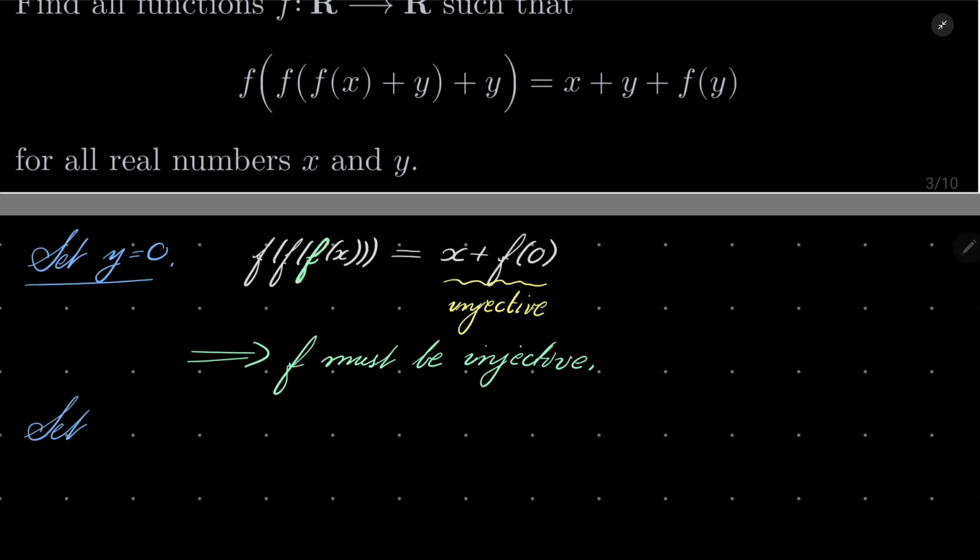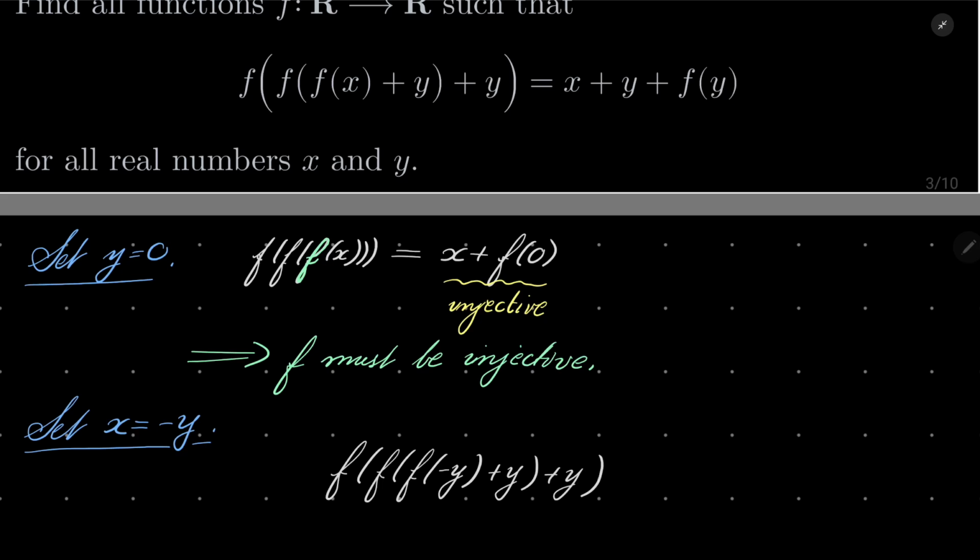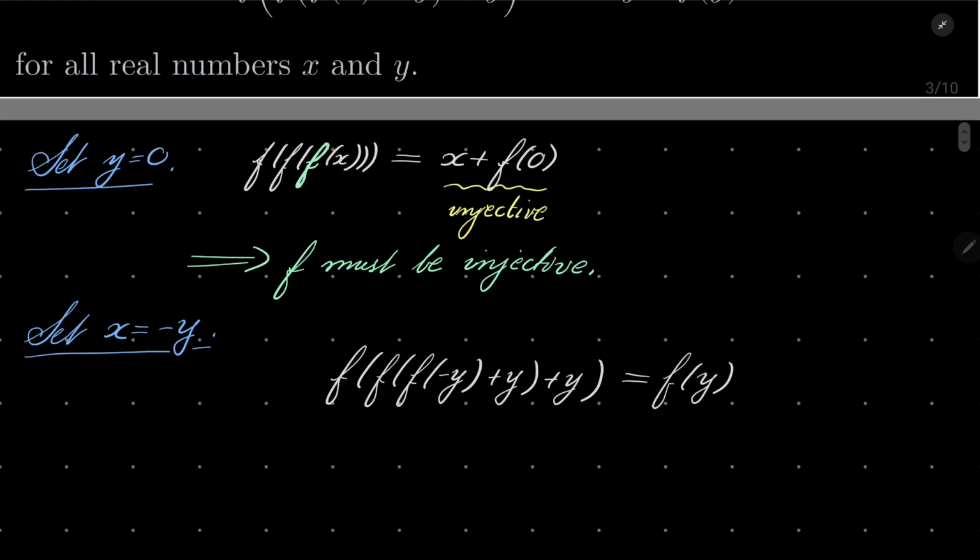Now let's set x to be equal to minus y, crucially. What do we have? On the left hand side, we have f of minus y plus y, which equals f of 0 plus y, that is f of y. And maybe I will mark this outer occurrence of f in this teal color.